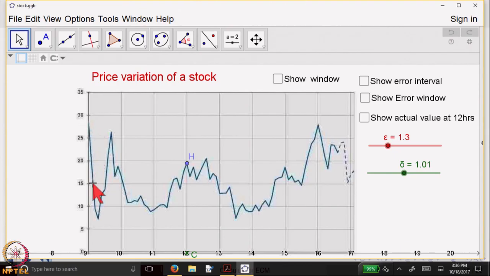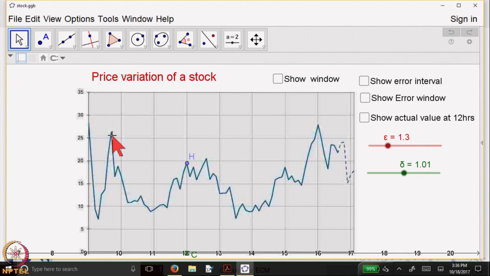I am just interpreting the graph. When the graph is going down, that means the price is dropping. As the time progressed, the share market started, the price of that stock dipped, and then suddenly the price started increasing.